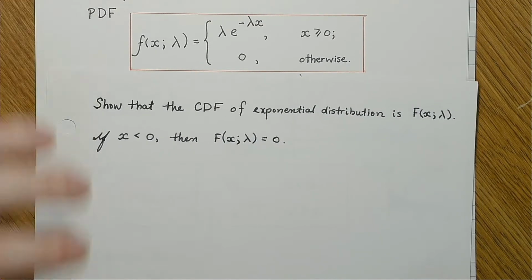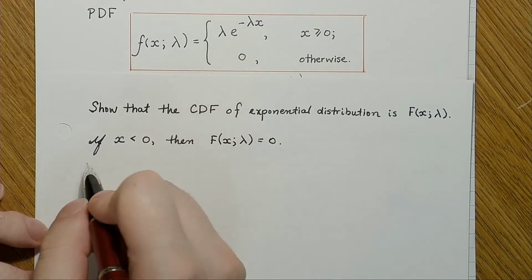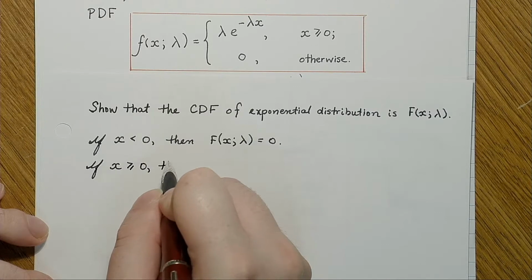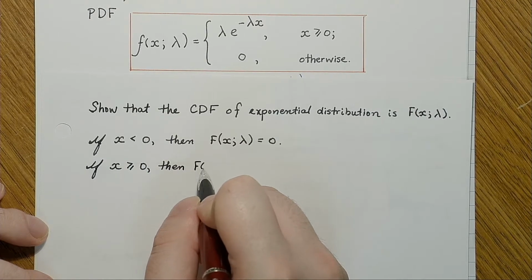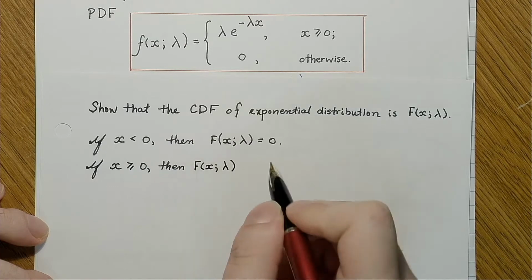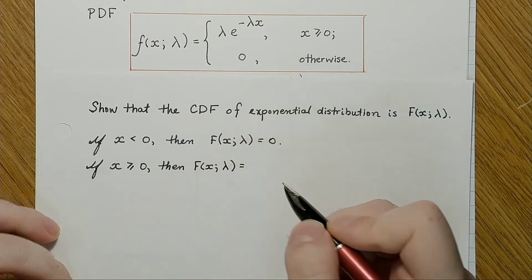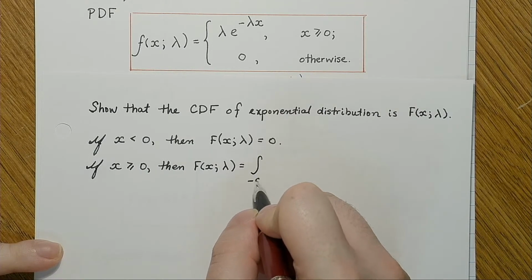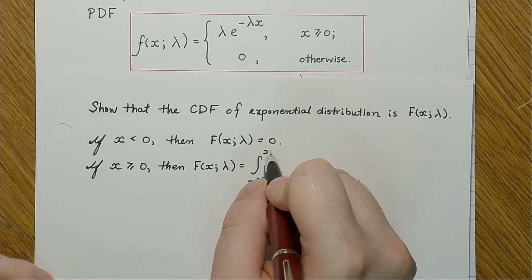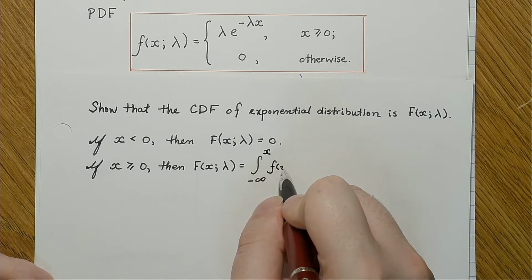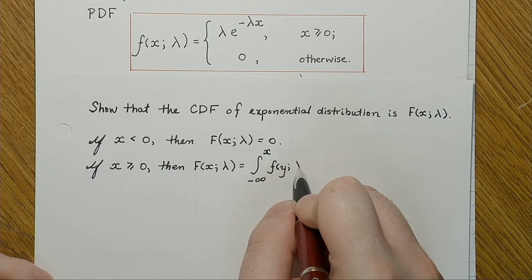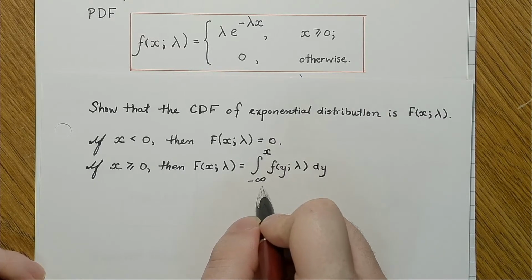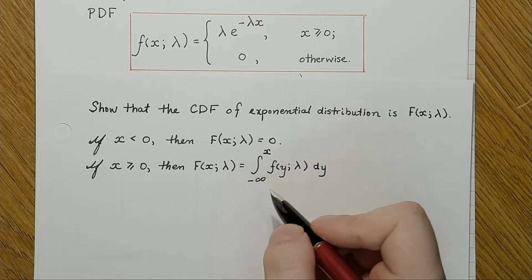And if we look at the PDF again, if it's greater than 0, using our definition, it's usually the integral from minus infinity up to x of the PDF function, and I'm using a dummy variable y, and there's our parameter lambda dy. Now in this case I don't have to worry about going all the way to minus infinity because that's not part of the domain of the function.